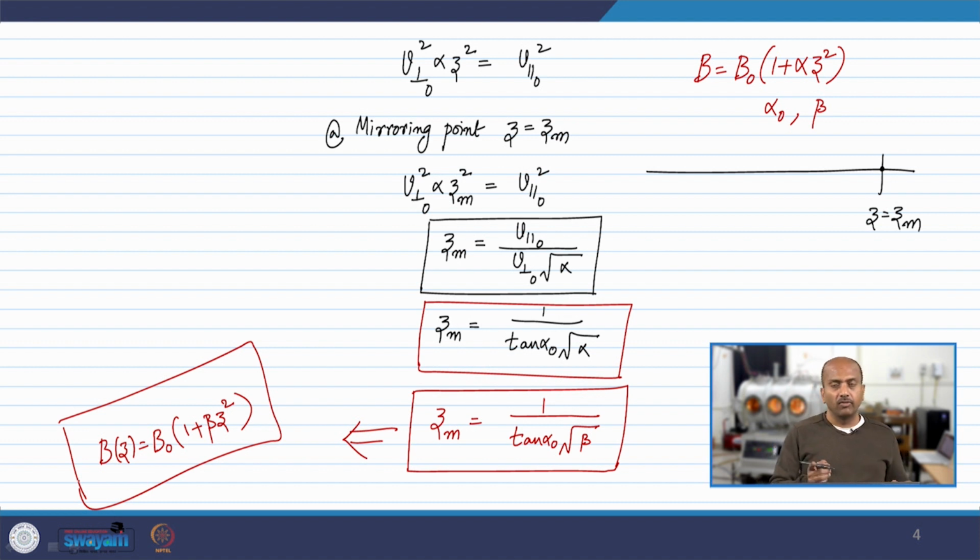We have learned this in the loss cone, but what this conveys is that not only the particle's velocity, the pitch angle is also important, but the distance at which this particle can reverse back into the weak magnetic field is also decided by the ratio of the velocities and the angle at which the particle has started from the initial point, right. So, this is the most important conclusion about the magnetic mirroring.